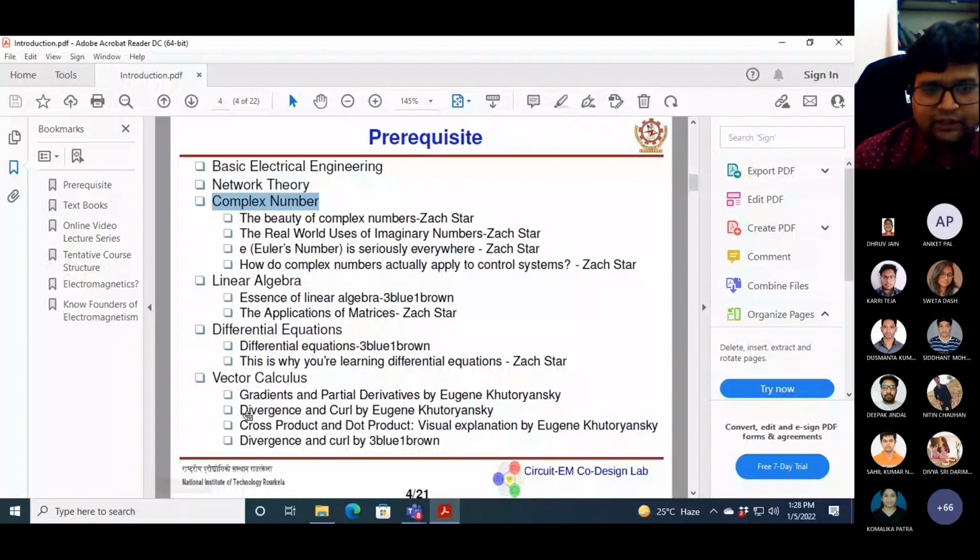Another thing required is vector calculus: the concept of gradient, what is physically meant by gradient, what is divergence, what is the physical meaning of divergence, then curl. Also what is dot product, what is cross product, and how those things work. So you need to have some knowledge of that.